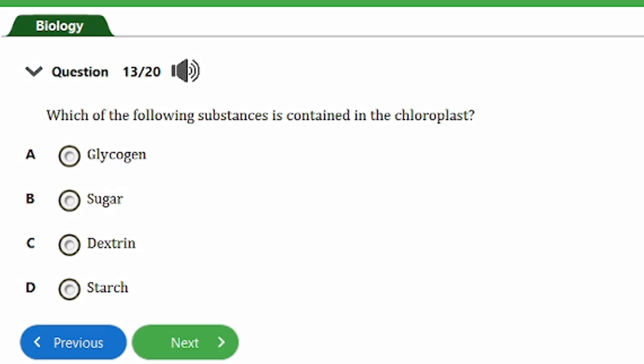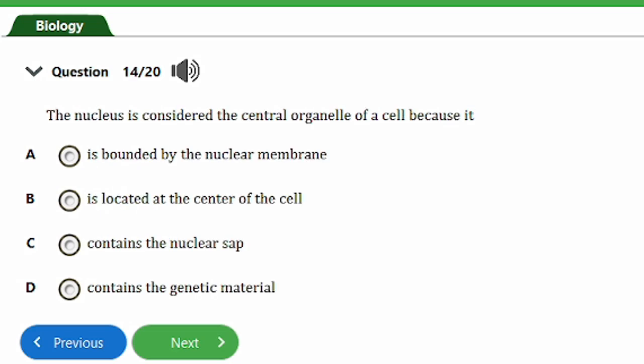The chloroplast is where photosynthesis takes place in plants and algae. So during photosynthesis, light energy is converted to chemical energy, which happens to result in the formation of starch. Therefore, guys, the chloroplast will contain the starch. So let's consider the next question, and that's question number 14.